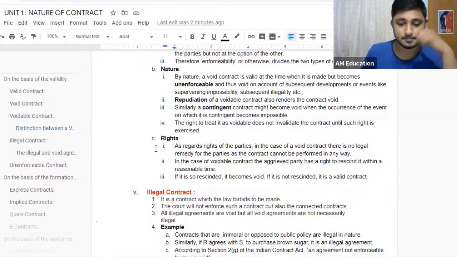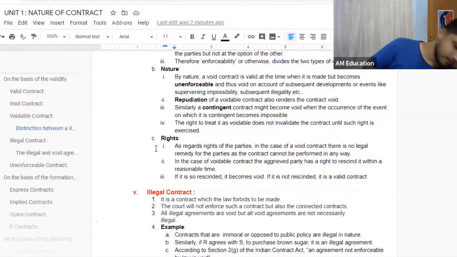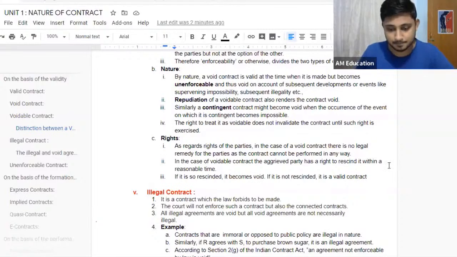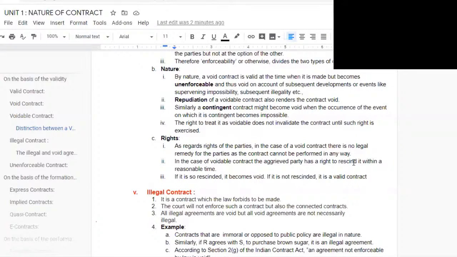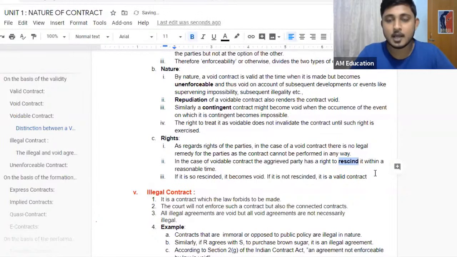The next one. In the case of a voidable contract, the aggrieved party has a right to rescind it within a reasonable time. Any words that you don't know the meaning of? Rescind. It's pronounced rescind, and it means cancel or reject, the same meaning as repudiate.